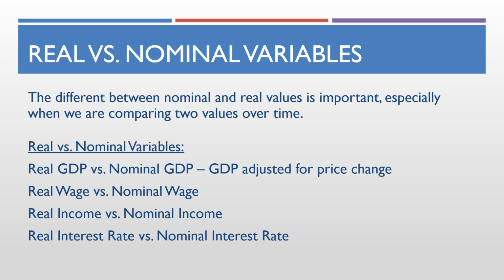So you can think about the concept of real GDP versus nominal GDP that we discussed in the previous chapter. But when you talk about your wages, you can also think about wages in terms of the real and the nominal, your income as well, and also the interest rates. So there's a real interest rate and a nominal interest rate, depending on the price level adjustment.